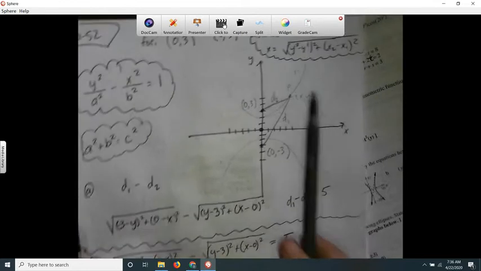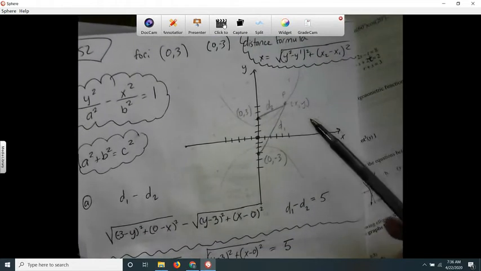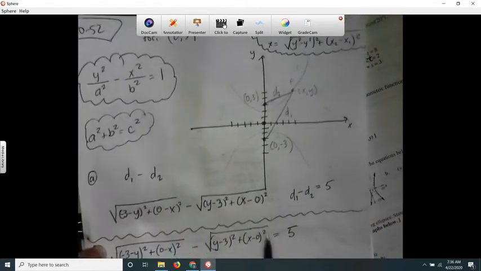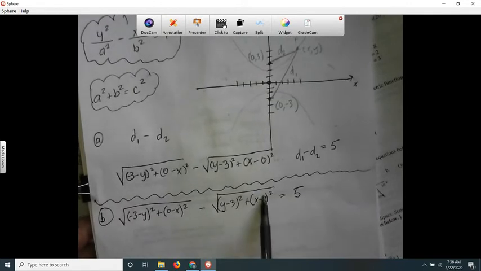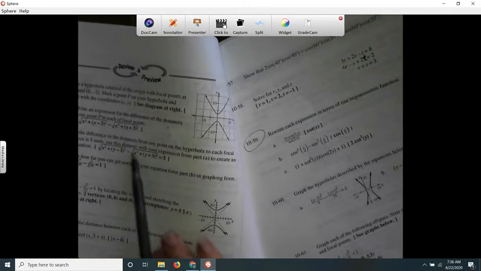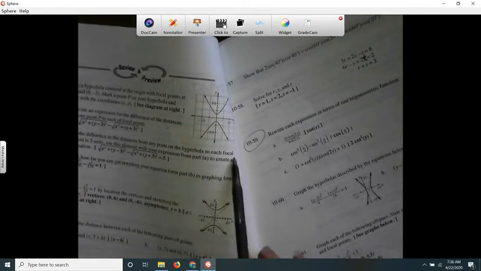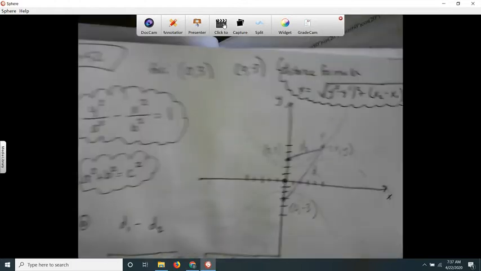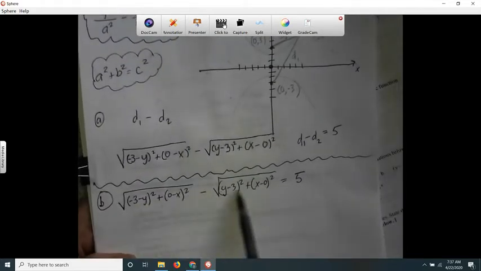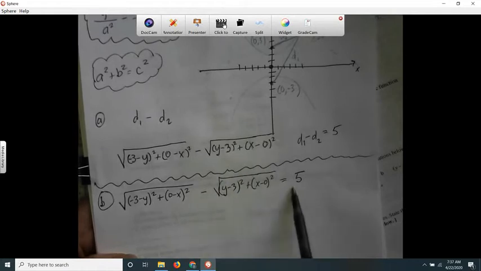That's what they want for letter A: grab the distance formula and plug your ordered pairs in. For letter B, they tell you that the difference in the distances from any point on the hyperbola to each focal point is 5, and to use this with your expression to create an equation. Now it was an expression because it didn't have an equal sign, but now I take the exact same thing and make it an equation.